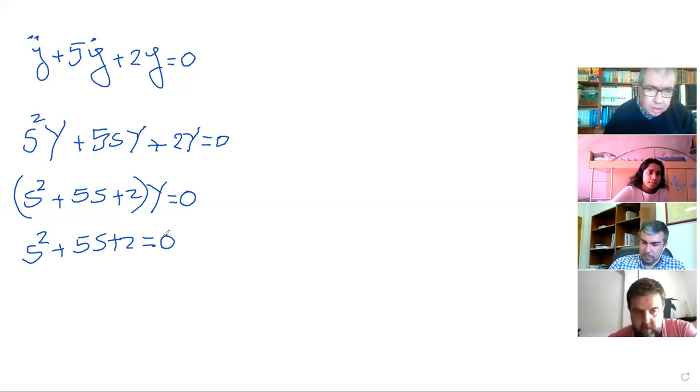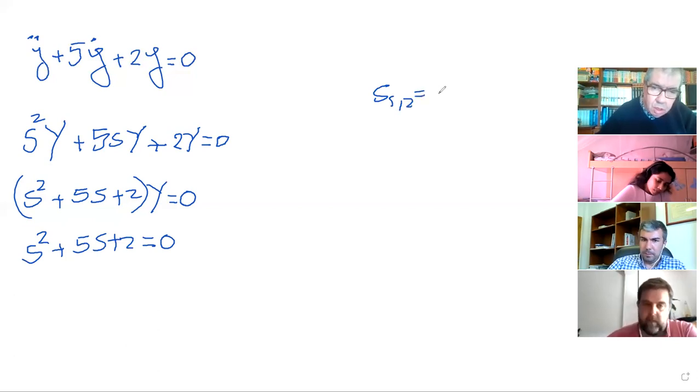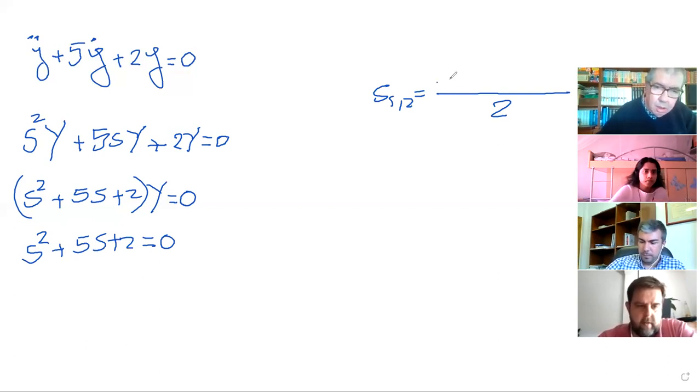This has two solutions. Let's compute the solutions. S1,2 is equal to, what do you place in the denominator? 2. And here? Minus 5.